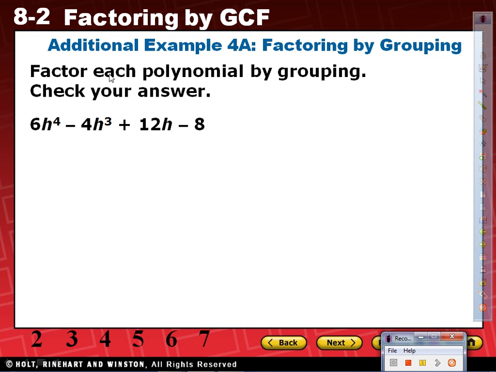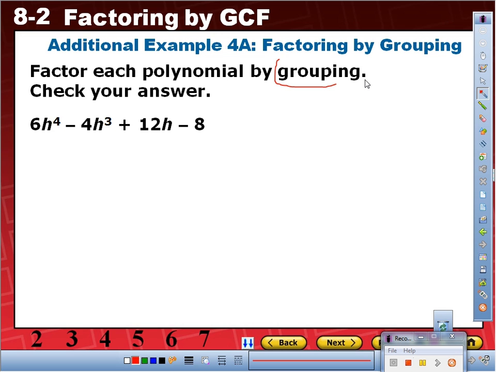It says factor by grouping. All right, so check this out. Everybody look up, please. I'm going to group the first two terms. Notice that there's 4 terms: 1, 2, 3, 4 terms. You guys see that? I'm going to group the first two. This one and this one. This one and this one. Are we there so far?